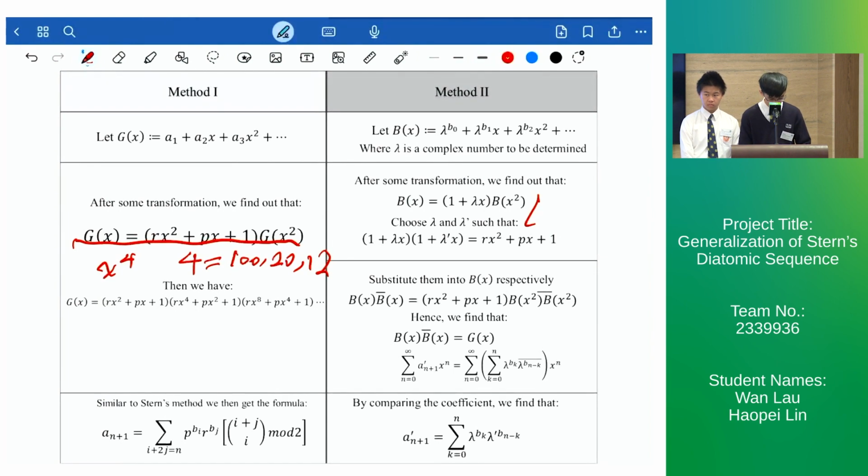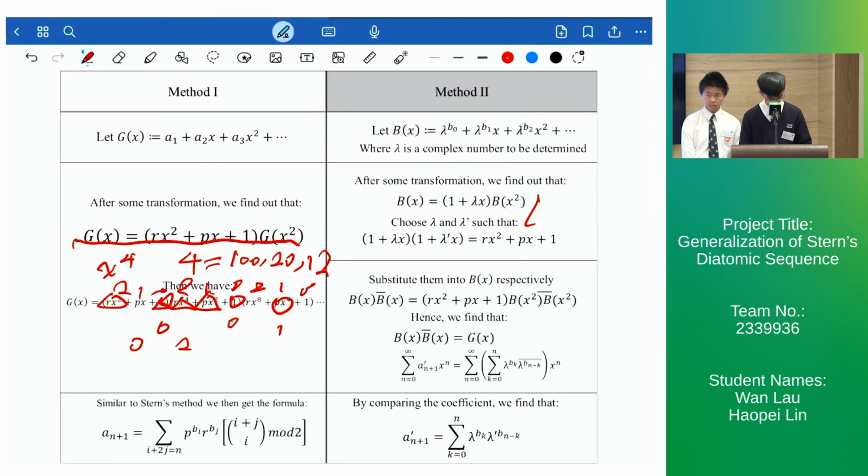For example, 100 tells us we should choose this 1 times 1, and 20 tells us we should choose this and this one times together, and 12 tells us we should choose p times x squared and r times x squared.